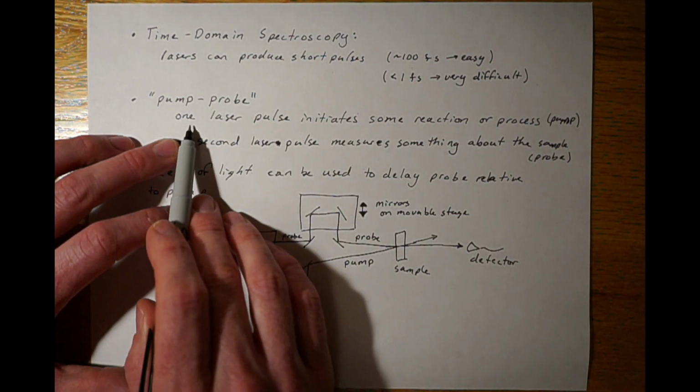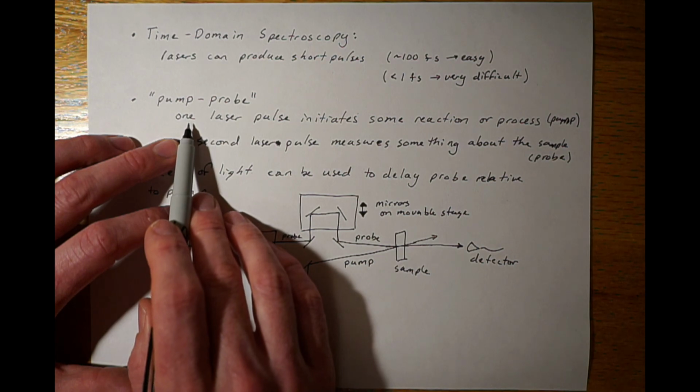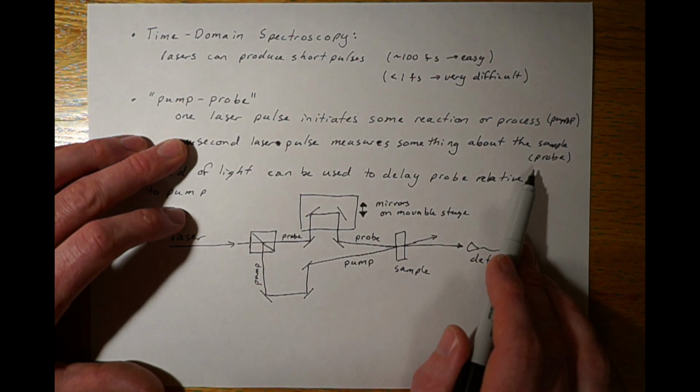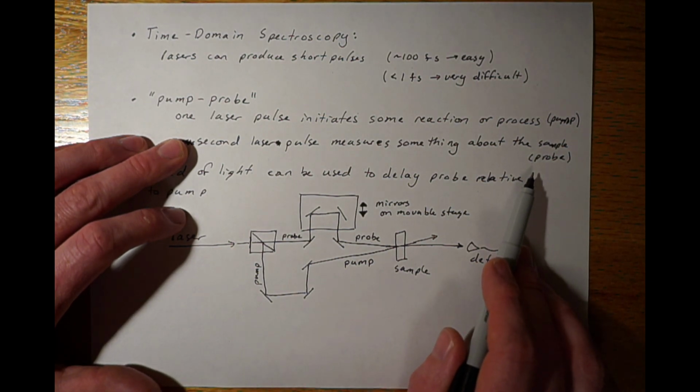We might have an initial pulse that's UV to initiate a reaction, and then an infrared pulse to learn about the vibrational spectroscopy of that molecule.